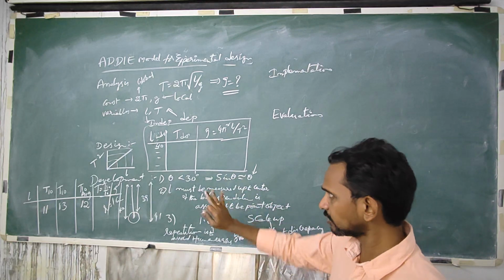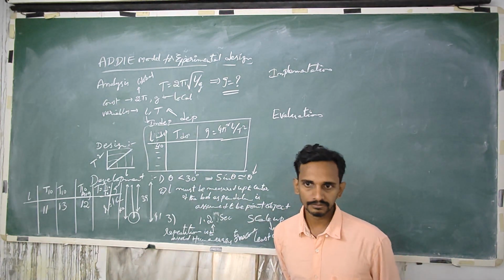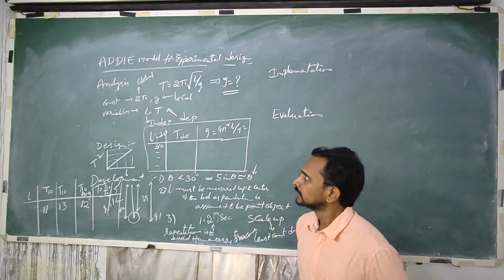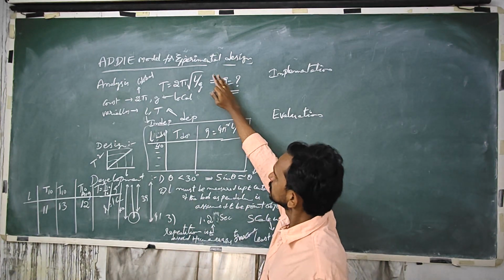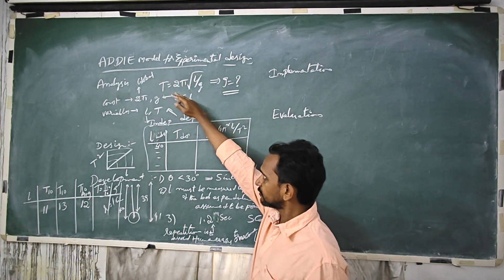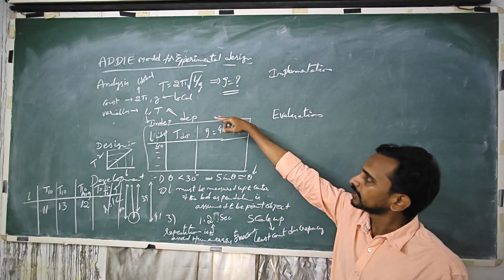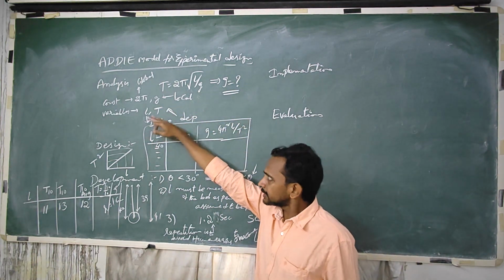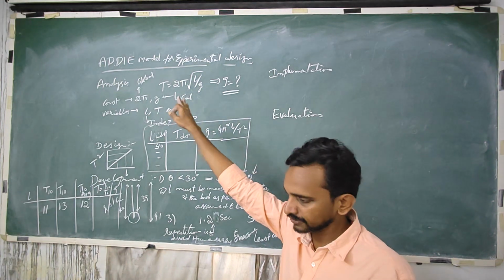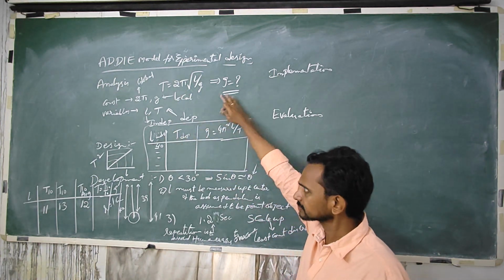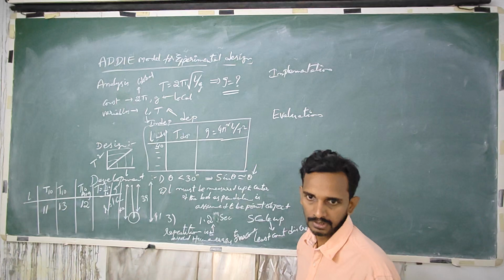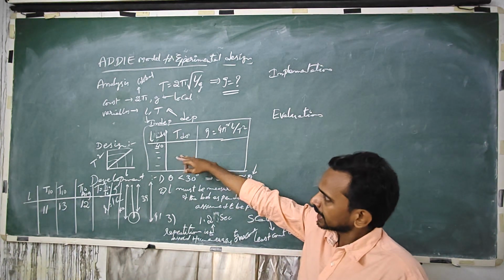So this is how I developed the experiment. I have analyzed the equation and identified what are the variables and what are the constants, and what are independent variables and what are dependent variables, and the analysis part is over. Then I started designing an experiment.